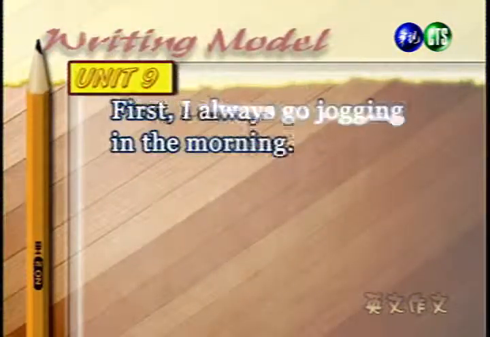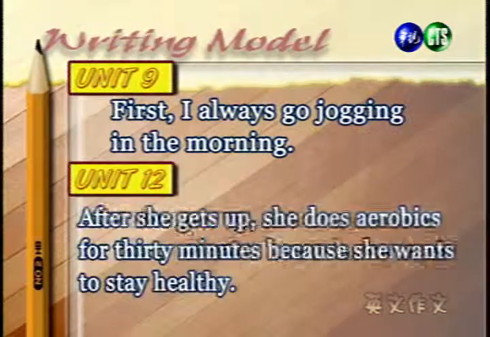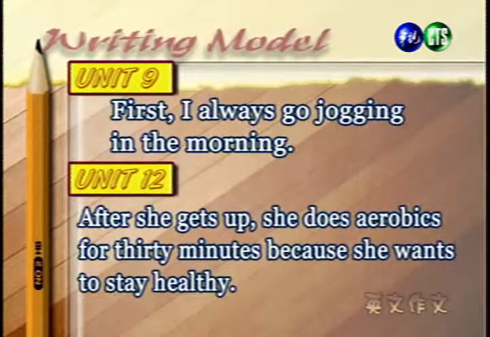For example, here's a sentence from Unit 9. It says, "First, I always go jogging in the morning." And here's a sentence from Unit 12. After she gets up, she does aerobics for 30 minutes because she wants to stay healthy.